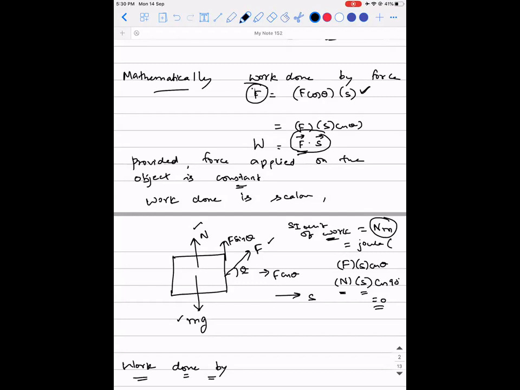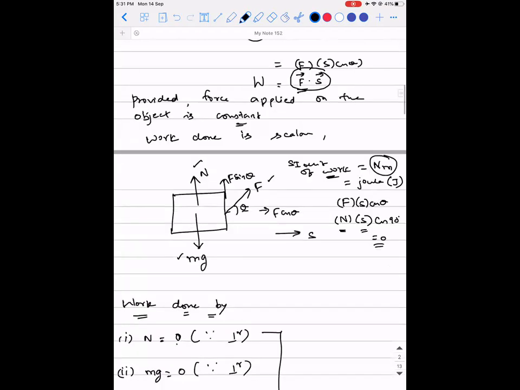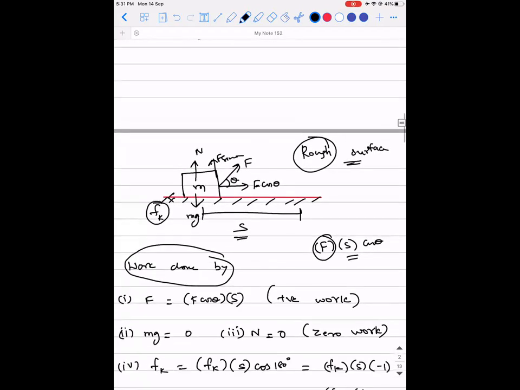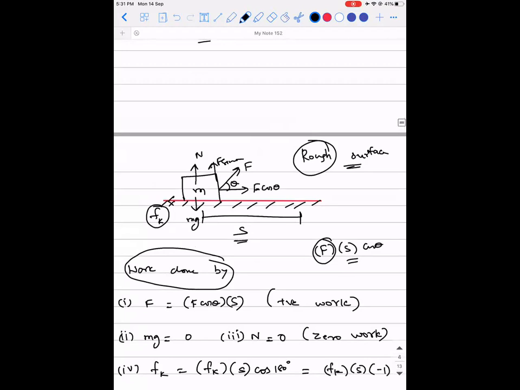Joule is represented by the symbol capital J. Please make a clear note of it. I'm repeating: the SI unit of work done is Newton meter, and this Newton meter is called joule only in the context of work done.